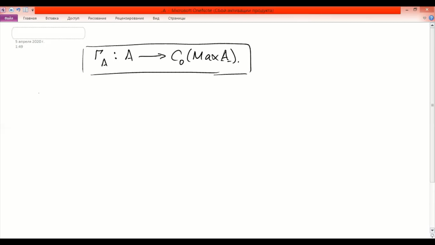And now the Gelfand-Naimark theorem for commutative C-star algebras looks as follows.